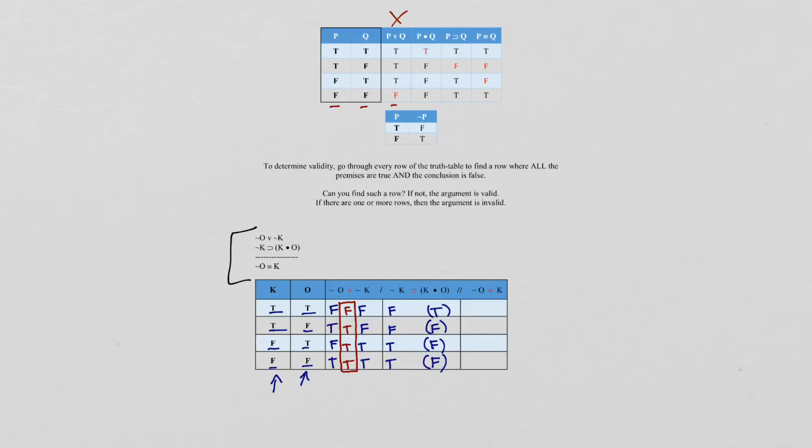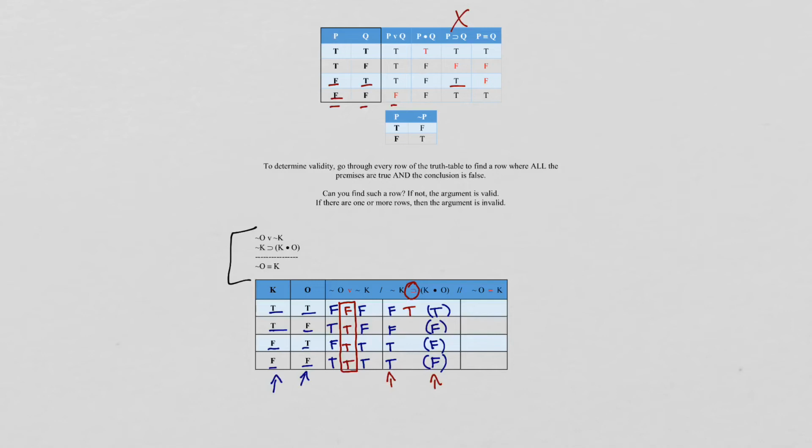Now we need to bring this column together with this column, and we're going to use the horseshoe. Remember, with this one the order does make a difference. So if false, then true is true.